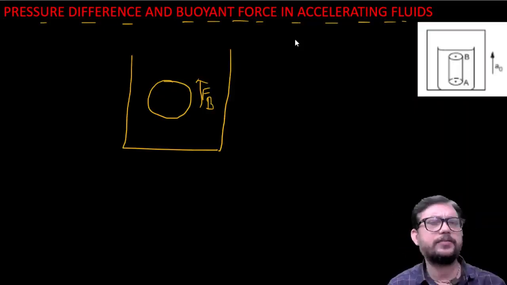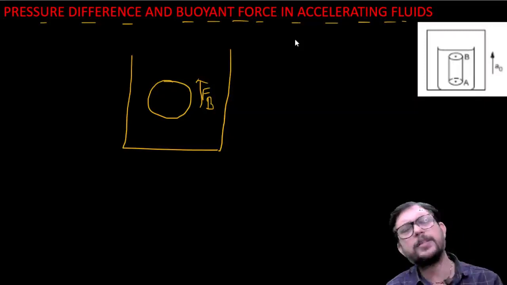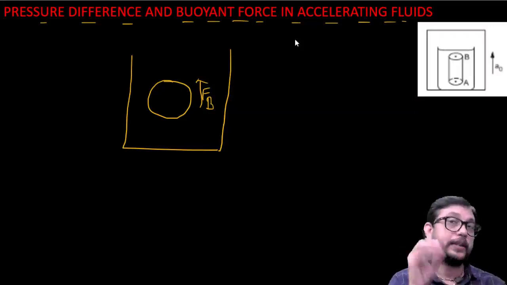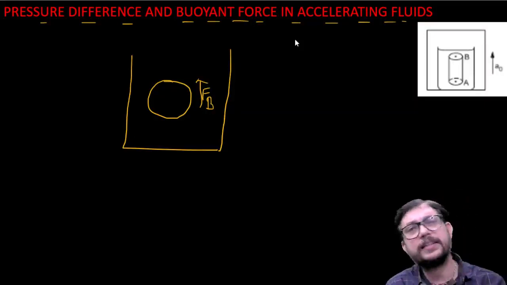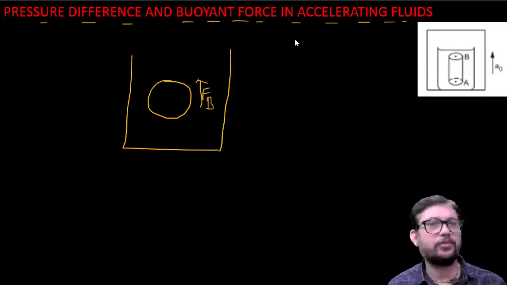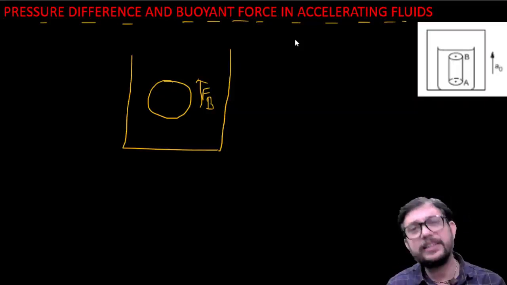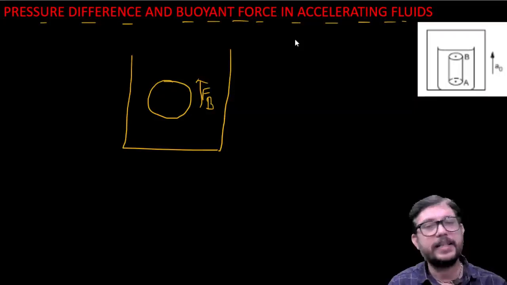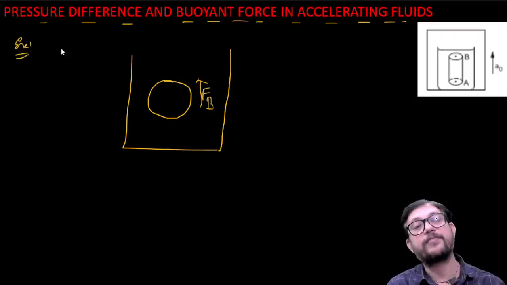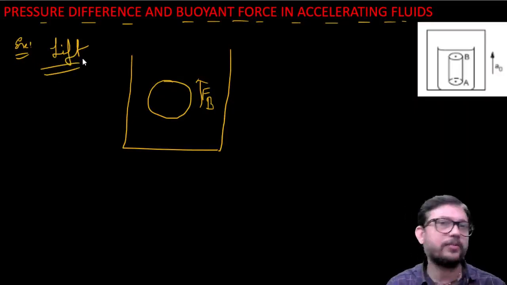We have several methods to provide acceleration by applying certain forces on that particular fluid. One very convenient and general example, as you all know, is the lift. Why do we take the example of a lift?